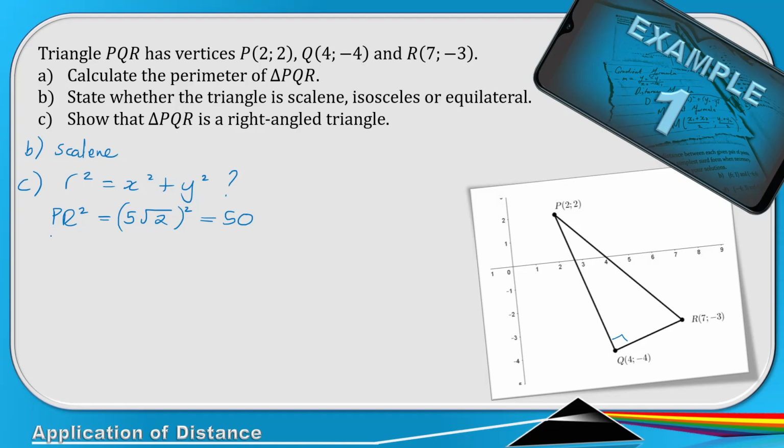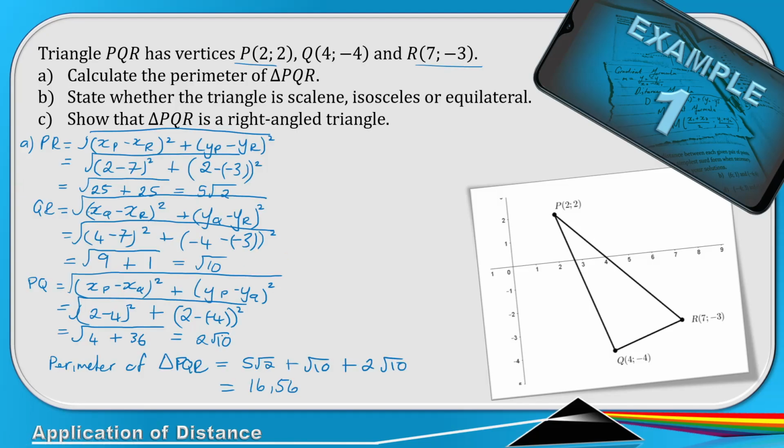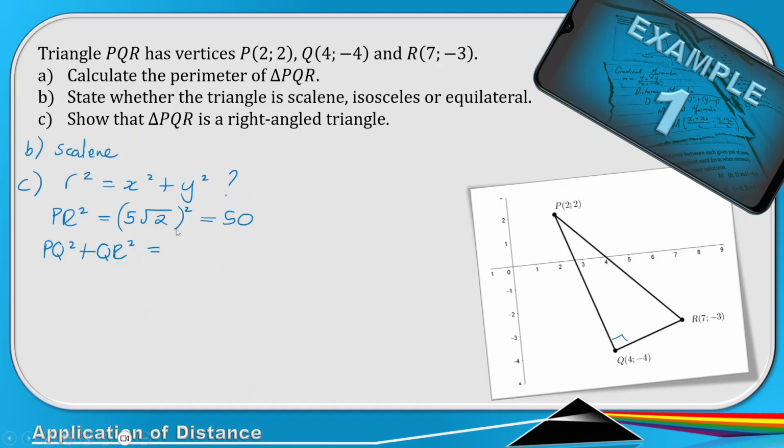And then we want to know, what is PQ squared plus QR squared? So PQ squared plus QR squared, and then substitute in those values. We saw that PQ is 2 square root of 10 and QR is just square root of 10. If we substitute that in, we've got 2 square root of 10 plus just the square root of 10, all squared.